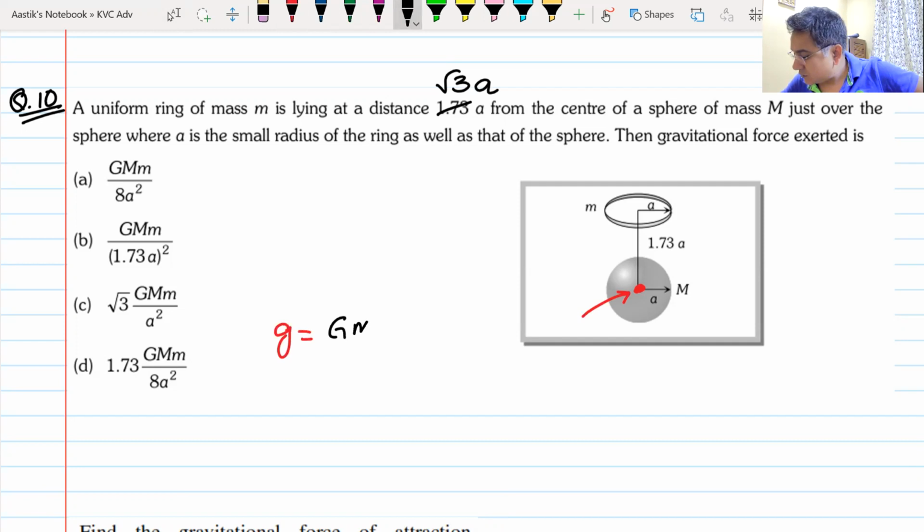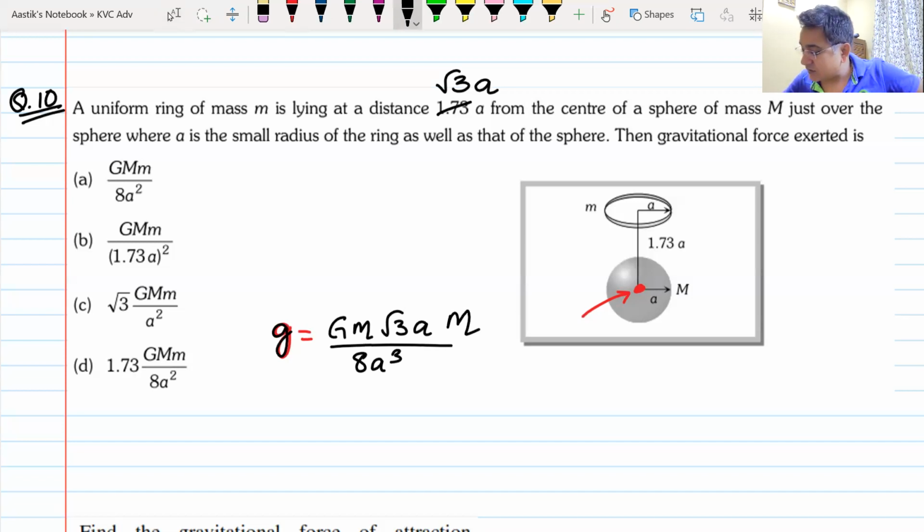G m x divided by (a square plus x square) raised to the power 3 by 2, where x is root 3a. So that becomes a square plus root 3a whole square, 4a square. The root of 4a square is 2a, and 2a cube is 8a cube. Yes or no? That is your answer. That is the gravitational field. Now you just multiply it by the mass of the sphere and you end up with your answer.